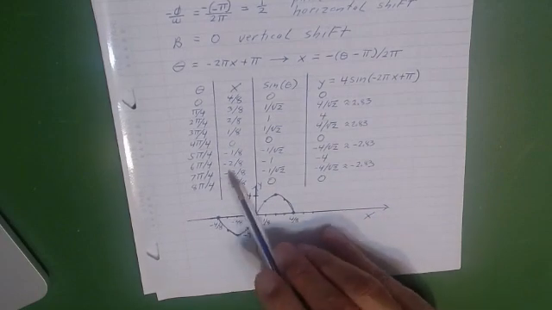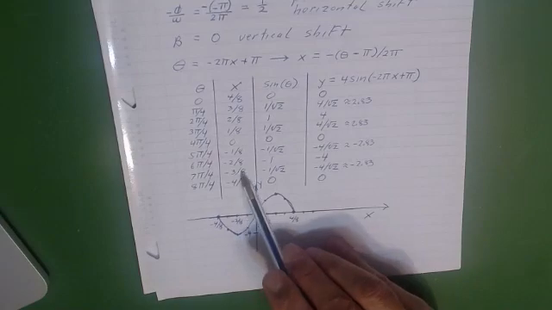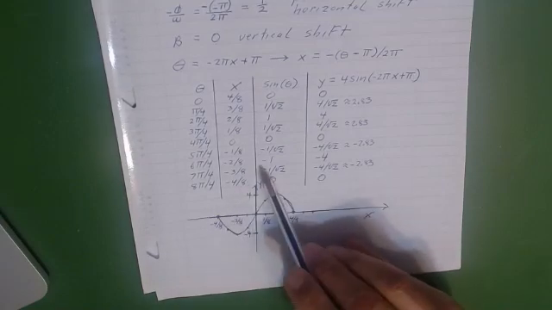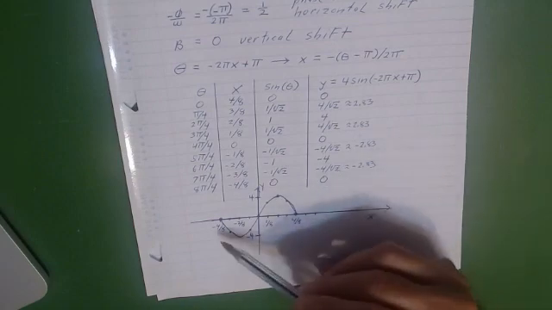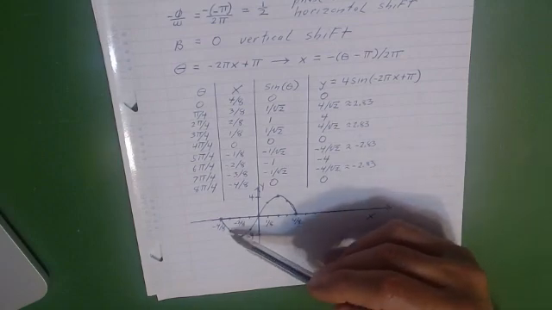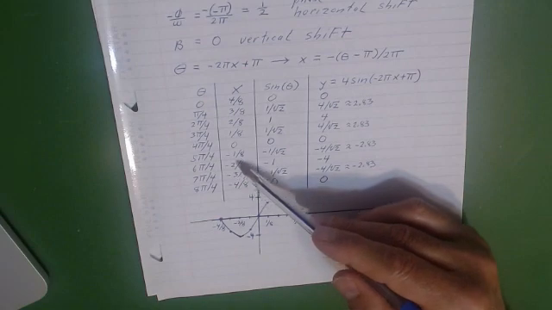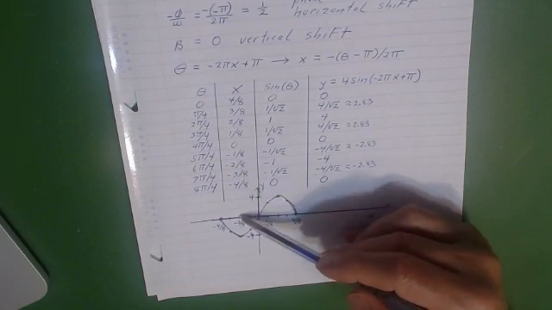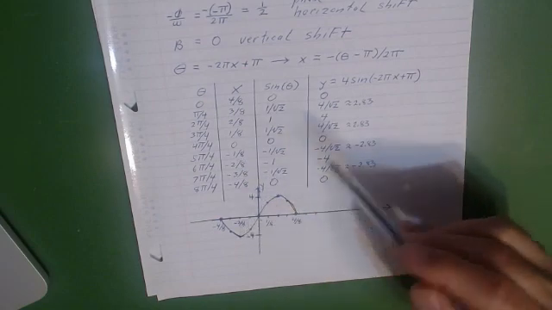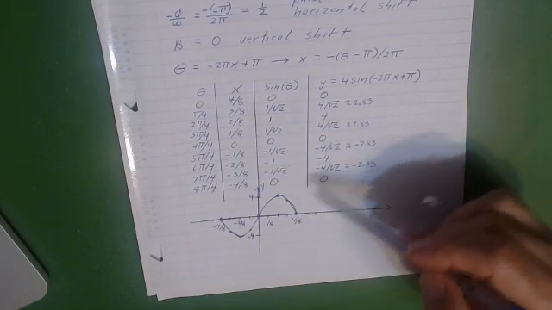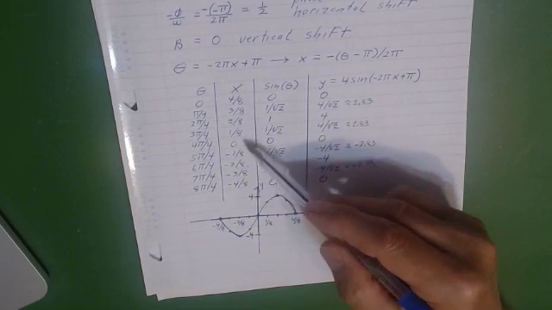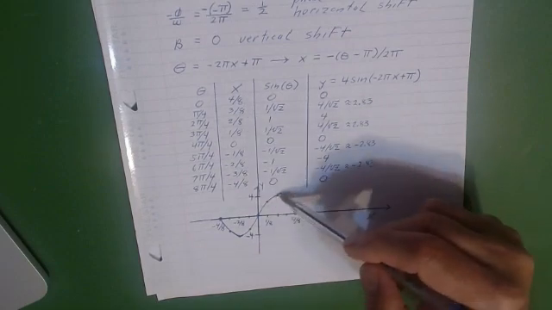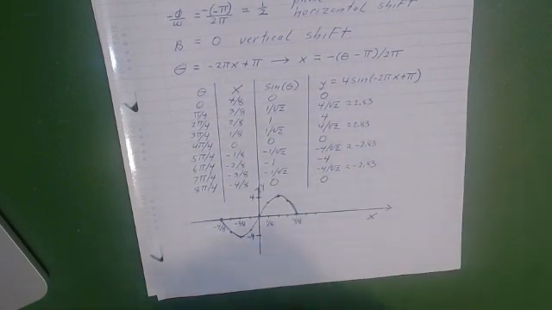Then we increase 1/8 to minus 3/8 in x, and we see what y is. And here's y, minus 2.83. Then we continue at the next, minus 2/8, and we find out that y is negative 4. We go through all these points in this list, and so that is our function.